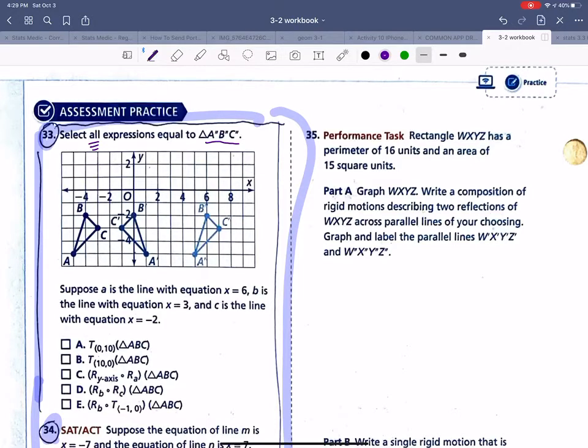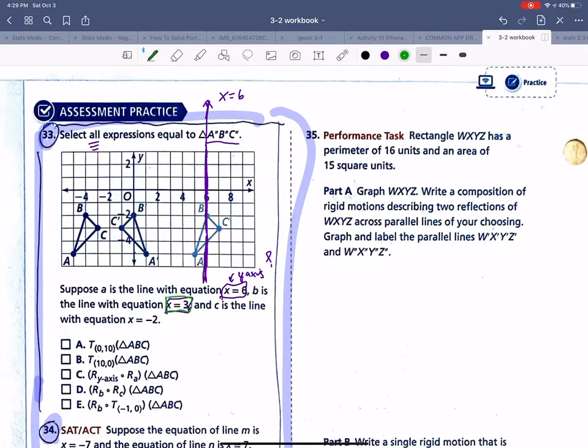Suppose A is aligned with the equation x equals 3. That's parallel to the y-axis. Let's draw that in. This is the line x equals 3. B is the line with the equation x equals 6.